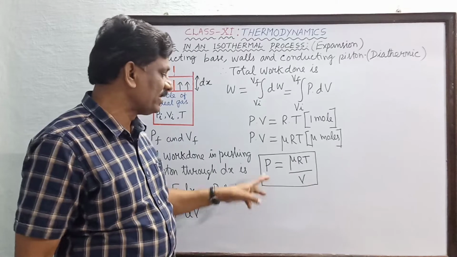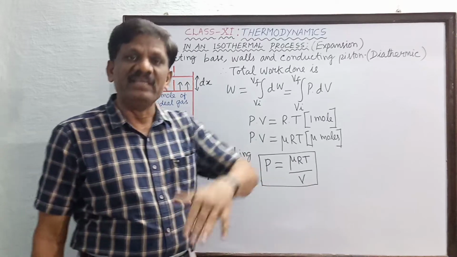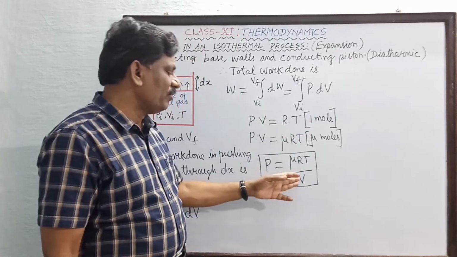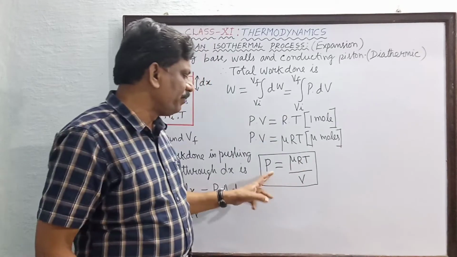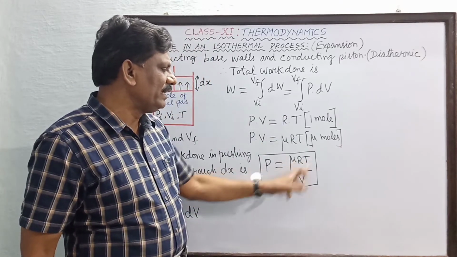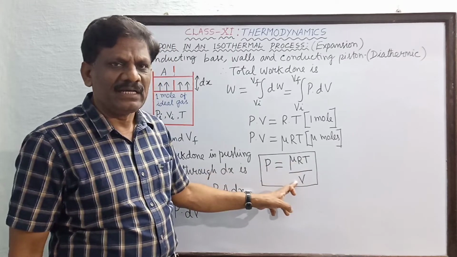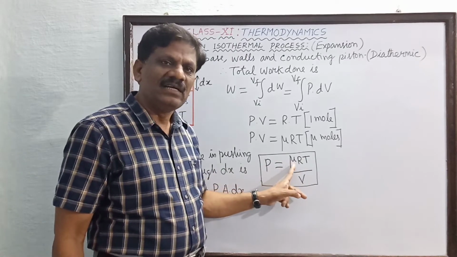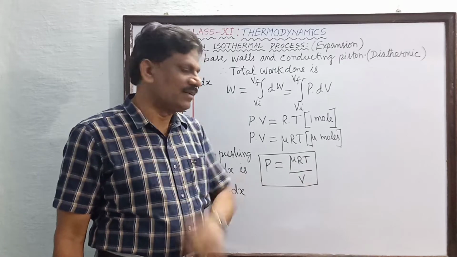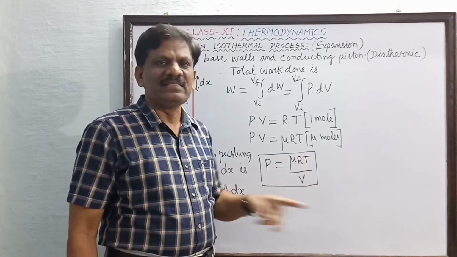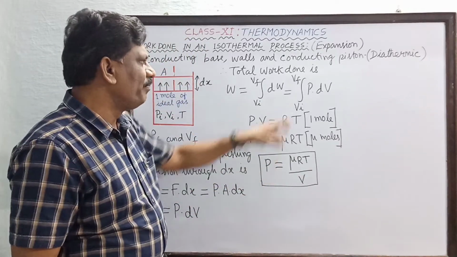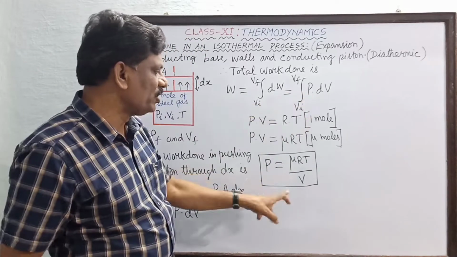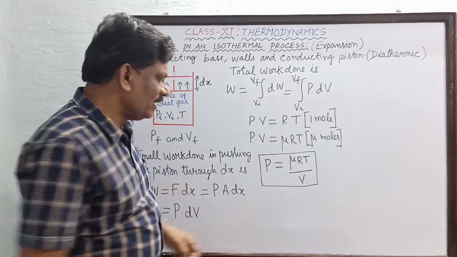The pressure is changing from P initial to P final, and volume is changing from V initial to V final. So instead of pressure P, I can write mu RT by V. Because mu is constant, R is the universal gas constant, and temperature is constant because it is an isothermal process.